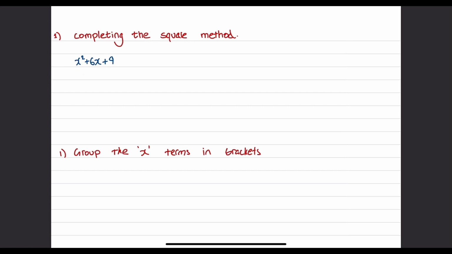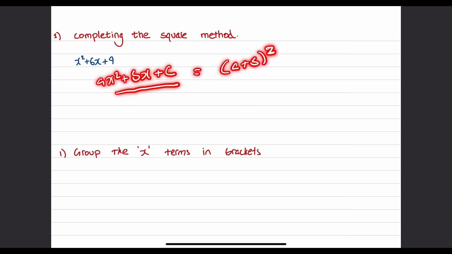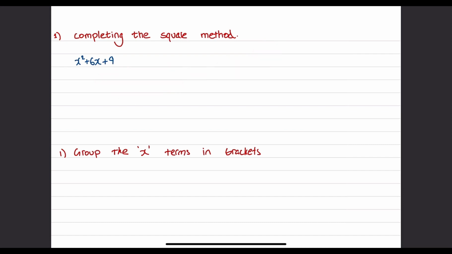Now for example, this quadratic is a perfect square, and by that I mean that we can convert ax squared plus bx plus c, the three term quadratic, back to the a plus b whole squared identity. If we can do this, it means that the quadratic is a perfect square.